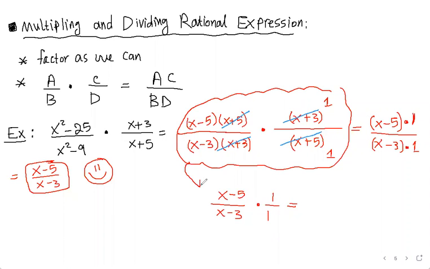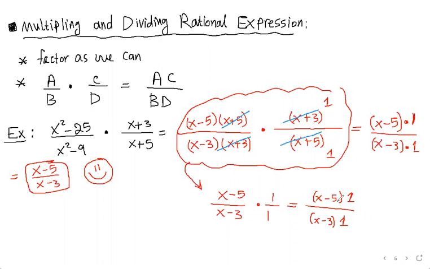Okay. And this times 1, I make it one fraction like this property. Look, this property: fraction times fraction. It looks like x minus 5 times 1 over x minus 3 times 1.